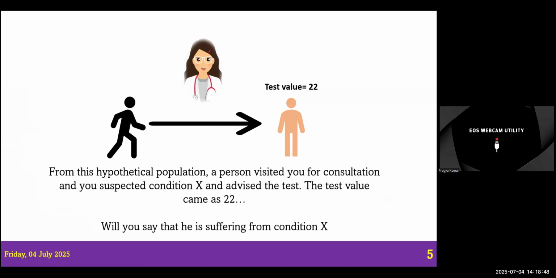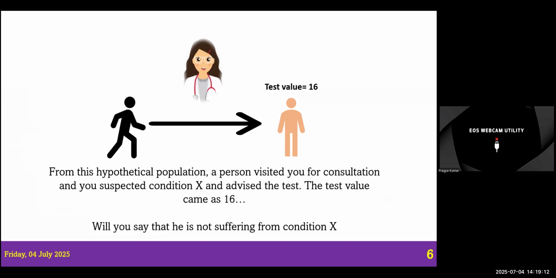Will I say that the person is suffering from the disease based on just the data I have seen? Will I say yes or no? What will be your answer? Yes, he or she will be suffering from the disease based on the available data.